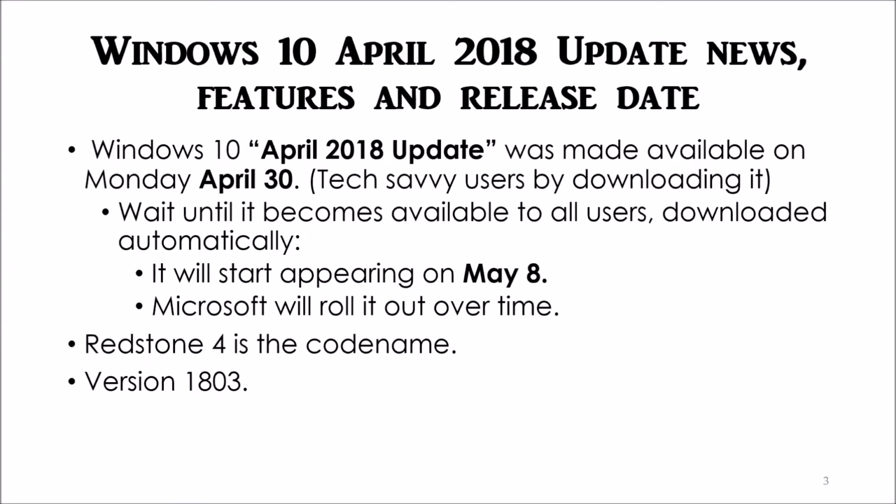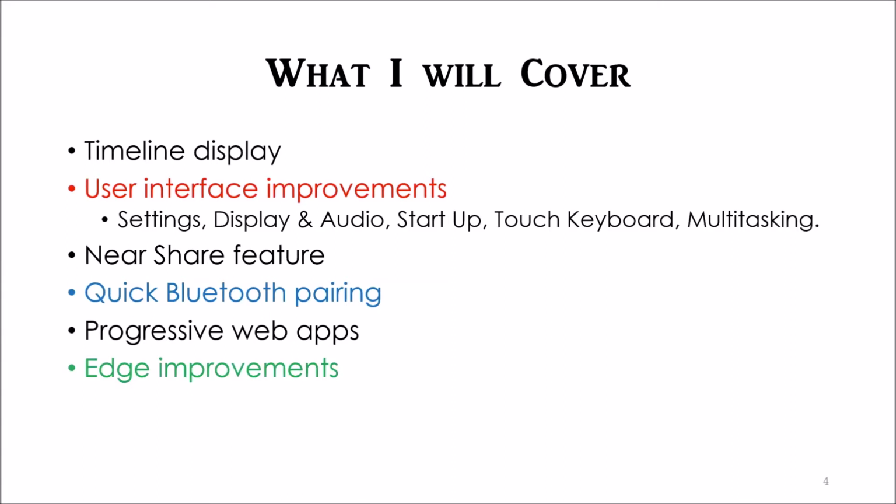And when Microsoft gets ready to roll out this update, it will be done over time. The code name for the April 2018 update is Redstone 4, and the version is 1803. There are a lot of things that are coming out with this update, and I couldn't possibly in 50 minutes cover them all.